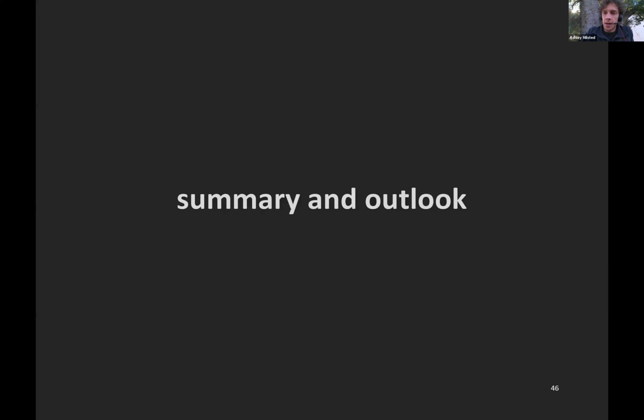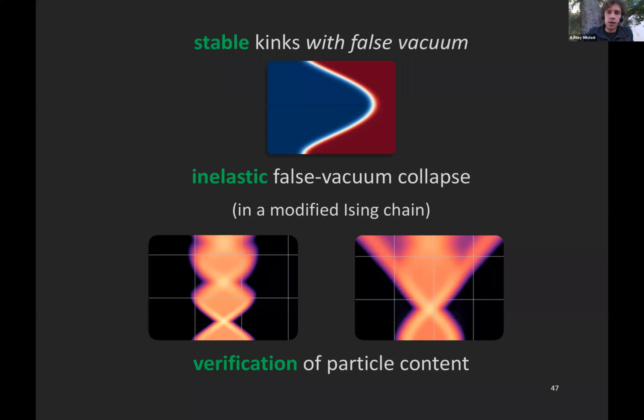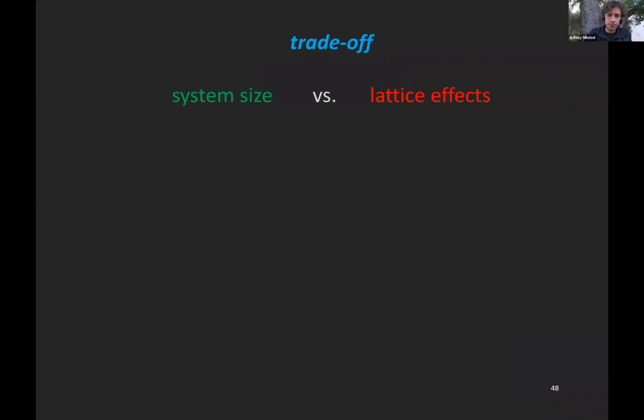So with that, here's a summary. We've seen that we can construct these stable kinks that do not decay into other particles until they collide with something. We've seen inelastic false vacuum bubble wall collisions in this modified Ising chain, and we can characterize the particle content to some extent.